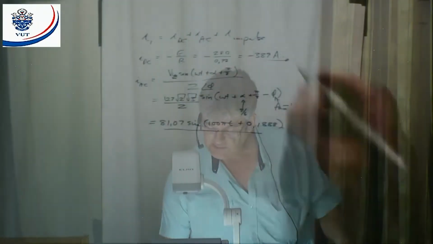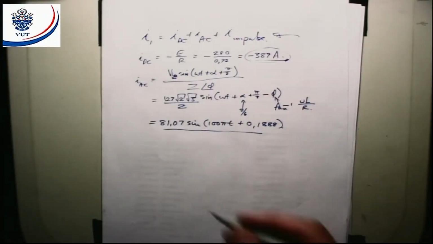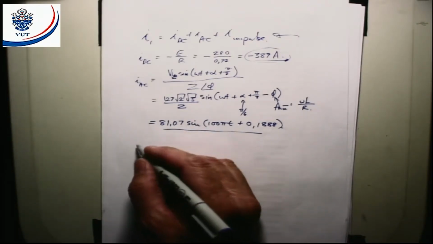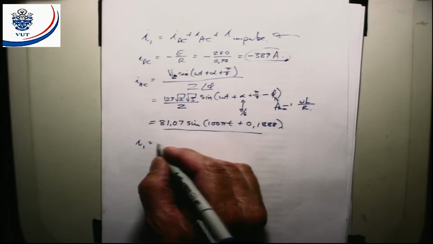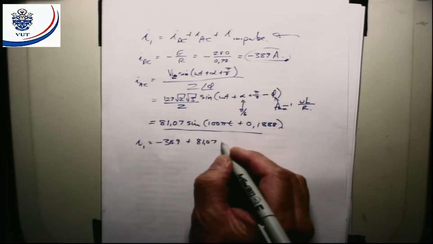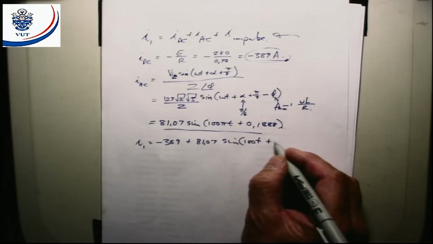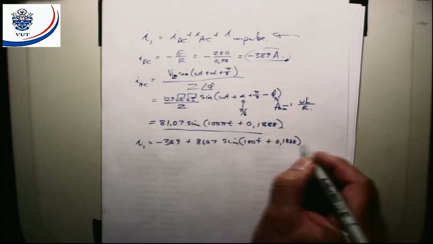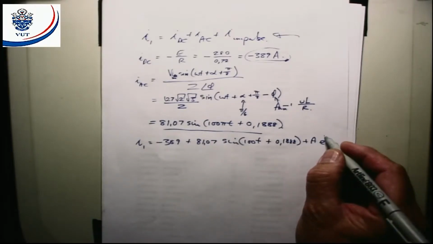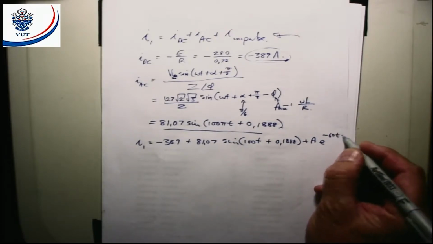So if we substitute this and that into our first equation, we find the following equation: minus 389 plus 81.07 sin(100 pi t plus 0.1888) plus A e to the power minus 60t.